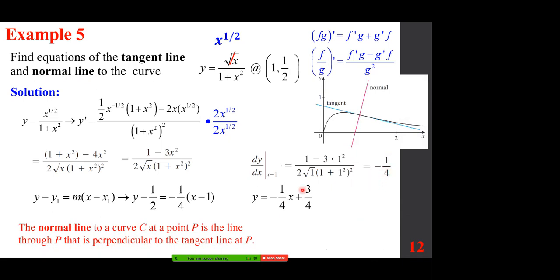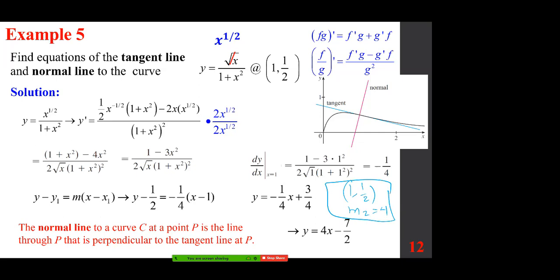So now you have the pair 1 and 1/2 with the slope. I'm going to call it m sub 2, which is 4, and you are going to come up with the equation of a line. I don't believe anybody has any problem with that.